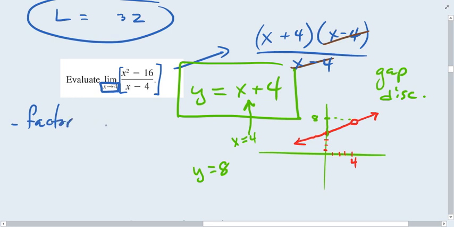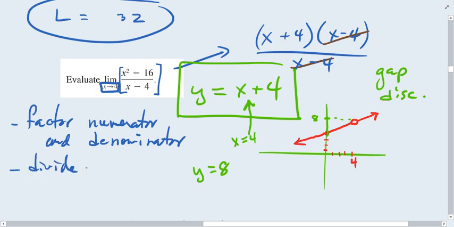Factor numerator and denominator. Divide out common factors.